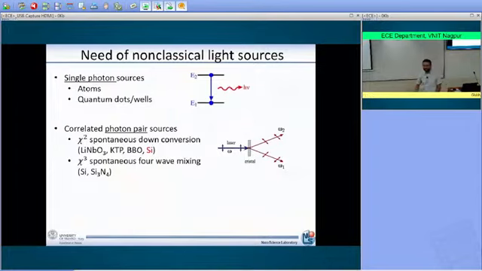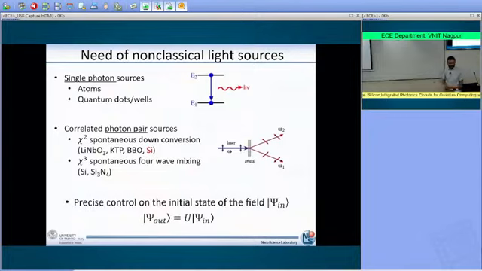We only know that the probability to generate this photon is given by a certain number. At the end of those two processes, we can get a precise control of the initial state of the field, and then we make the field evolve in order to get the output states.